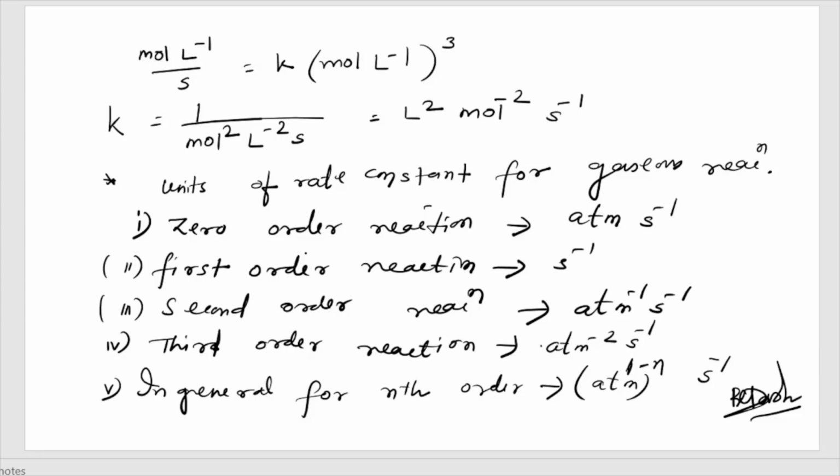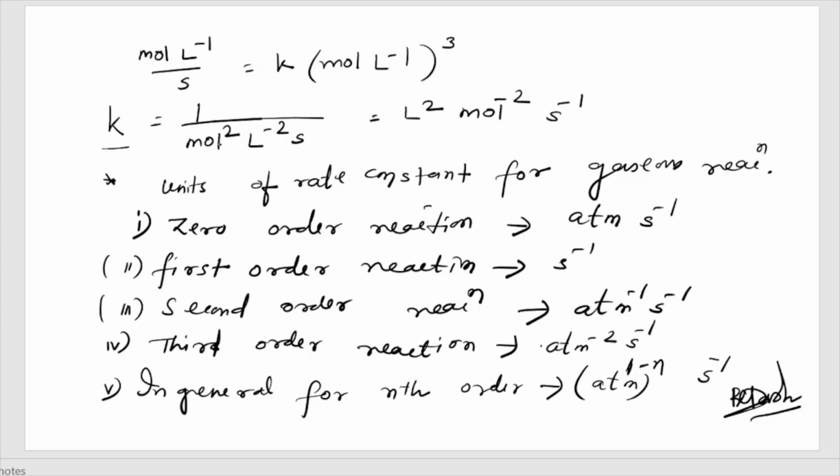So left side is 1 time moles per liter, and right side moles per liter 3 times. After cancelling, what will you get? K equal to 1 by mole square L minus 2 S.